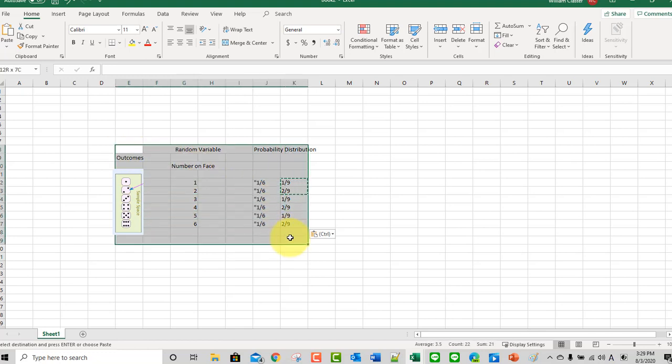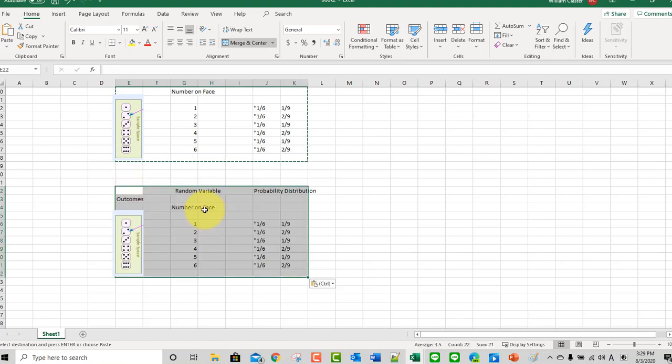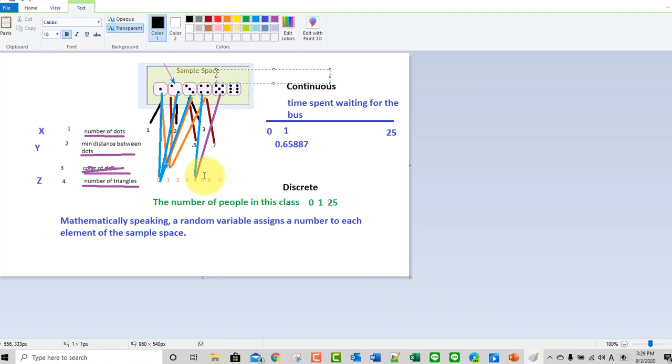Now we could make the same thing again. But instead of the number on the face, we could use a different example. So we could go to this one, the minimum distance between the dots. Let's go to number of triangles. So number of triangles was 0, 1, 2, 3, 4, 5, 6. Say the maximum is 6. I don't know if that's true, but let's just say that.